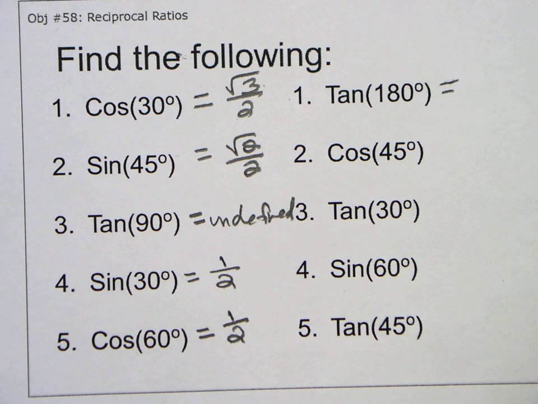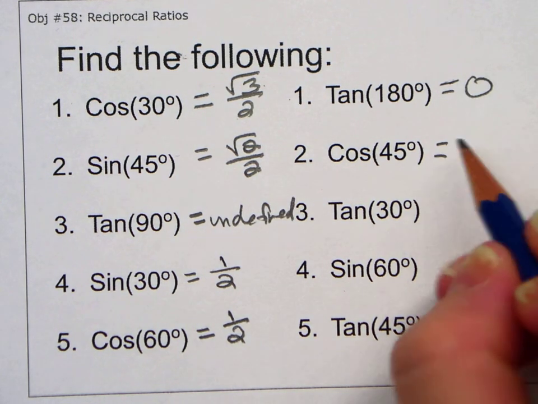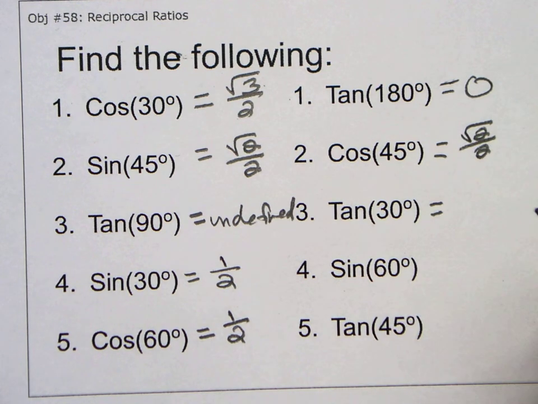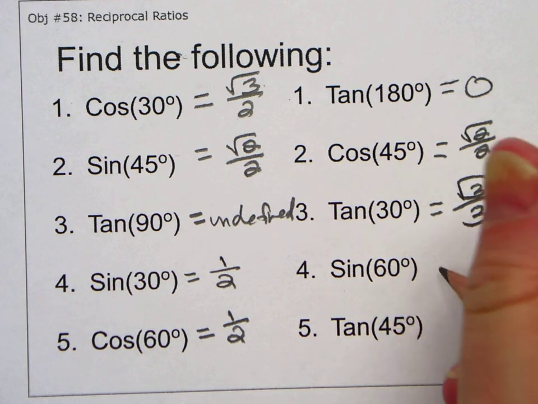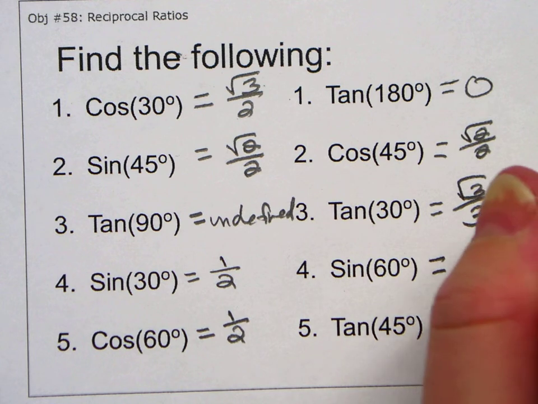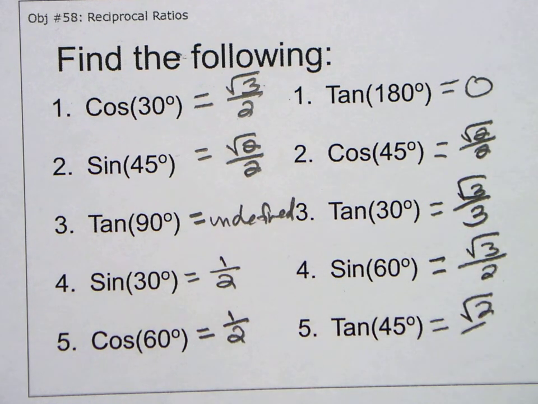Tan of 180, 0. Cosine of 45, radical 2 over 2. Tan of 30, radical 3 over 3. Sine of 60, radical 3 over 2. Tan of 45, radical 2? Oops, that's wrong. Just kidding. That's 1.